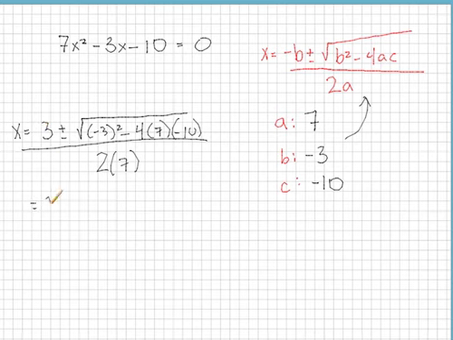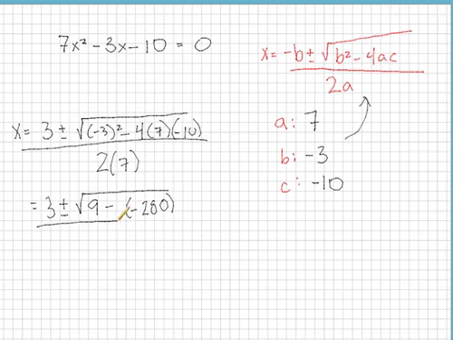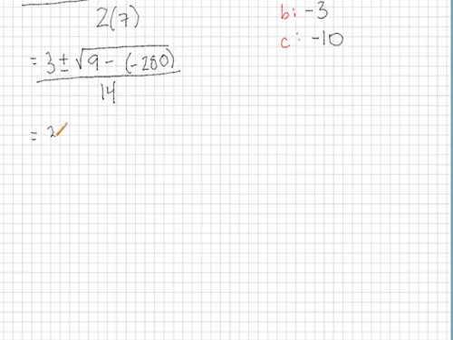Simplifying, we get that x is equal to 3 plus or minus the square root of 9 minus 4 times 7 times negative 10, which will be negative 280, all over 14.